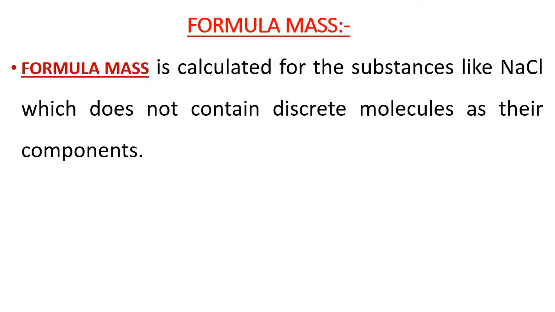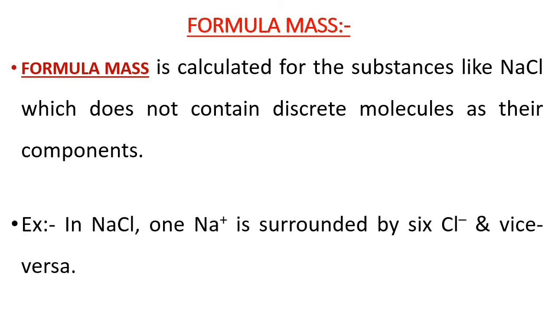Let us know about formula mass. Formula mass is calculated for substances like NaCl, which do not contain discrete molecules as their components. For example, in NaCl, one sodium ion is surrounded by 6 chloride ions and vice versa.